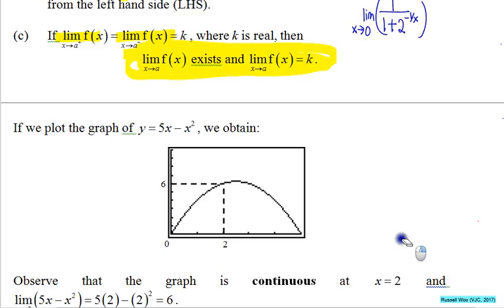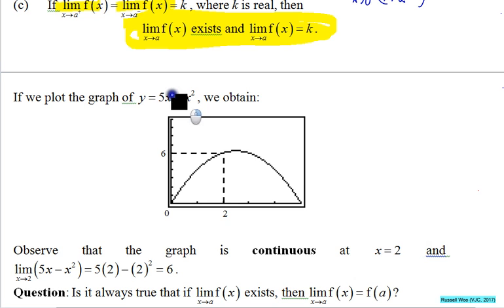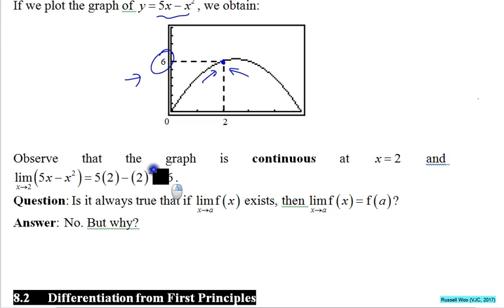Let's look at the next page. Obviously, they are the same. For this expression, it's the same because whether you approach from the left or the right, it will tend to the value 6. No problem. Quite easy. I do not intend to go through. But is it always true?